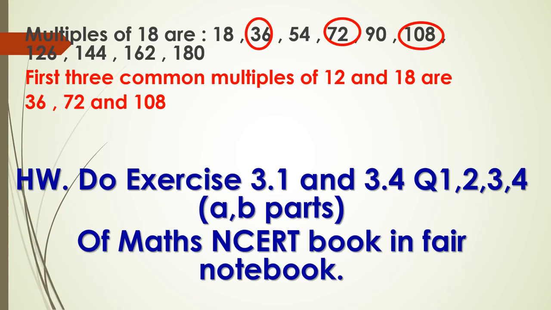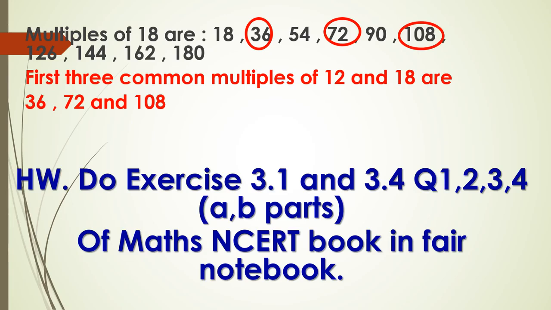Okay? So what we have read today, let us recapitulate once. First of all, we have done factors and multiples. What are factors and multiples? Each number which is multiplied together is called a factor, and the product is called the multiple of each factor.